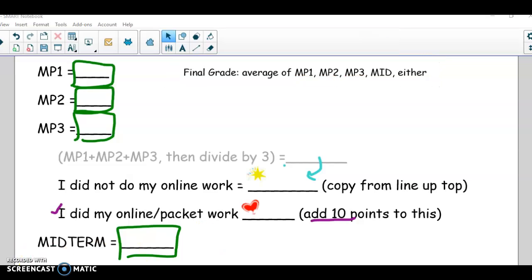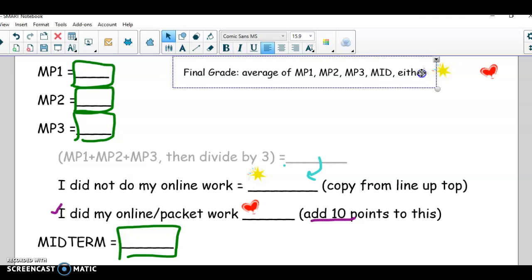Either, let's pause this, either what you have written here, see where the star is? Either the star, or if you did your work and you got 10 points more, you got your heart. Either your star or your heart. And how do you do that?